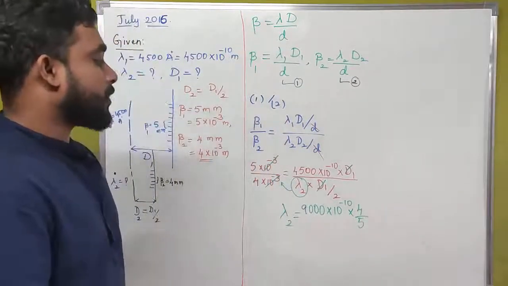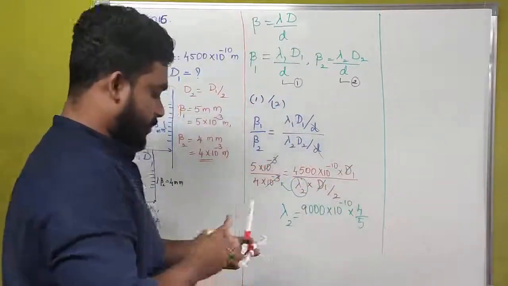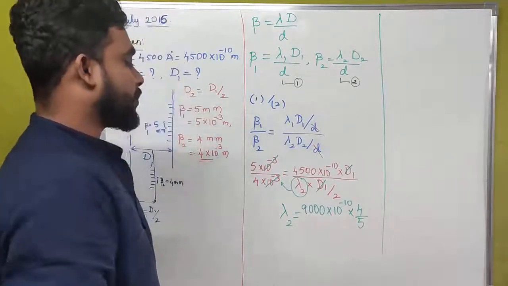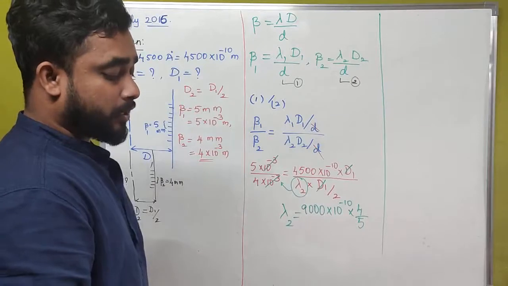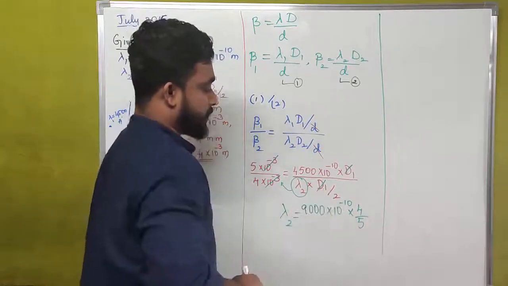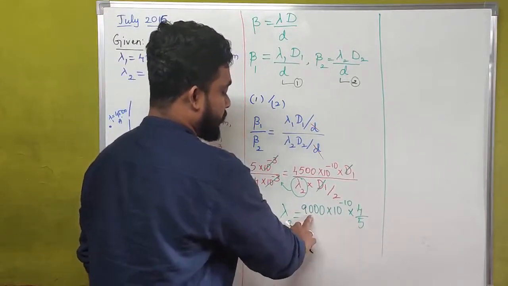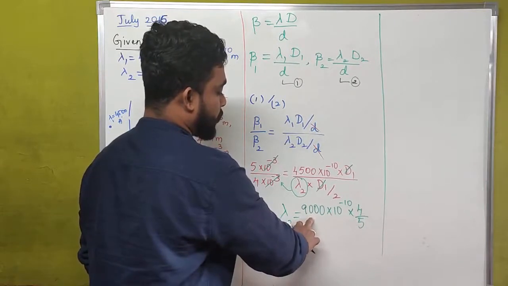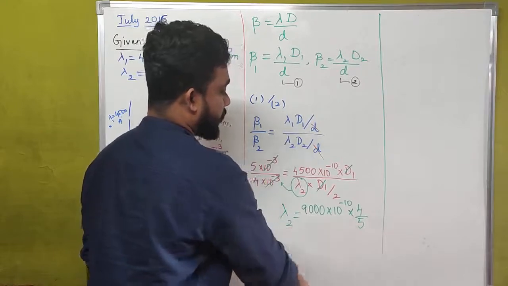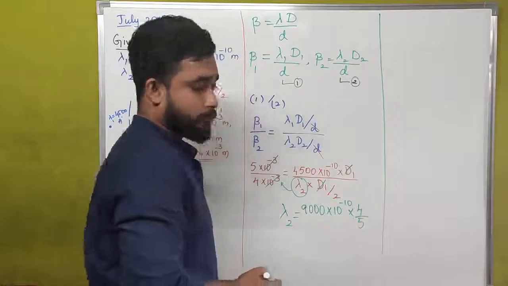Here what we have to write is lambda 2 is equal to 9000 into 10 to the power of minus 10, 4 divided by 5. If we substitute or simplify all these things, 5 ones are 5, 5 nines are 45, and all the things we are getting here, that is 7200 Angstrom.